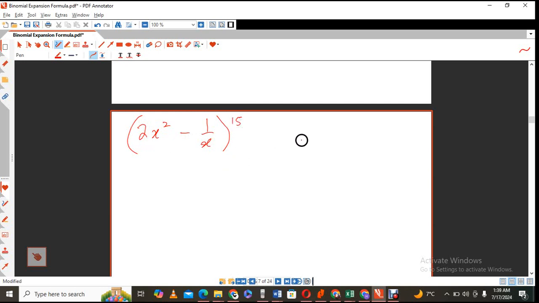They ask me question A, must find the sixth term, and then part B, they ask me to find the term which is independent of x. That simply implies that x will be x raised to the power of 0. Again, I'll be using that where I need to find my r there, okay?